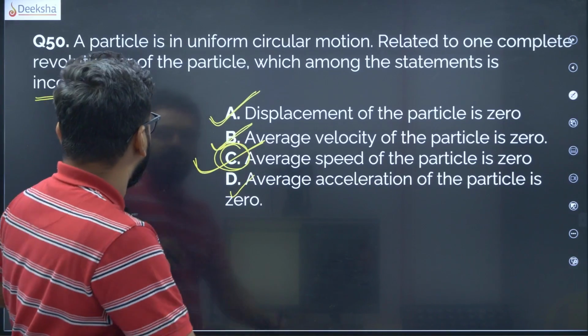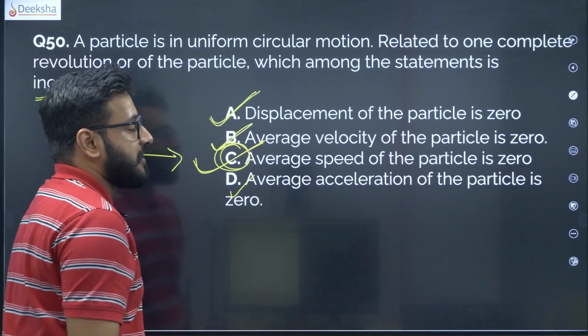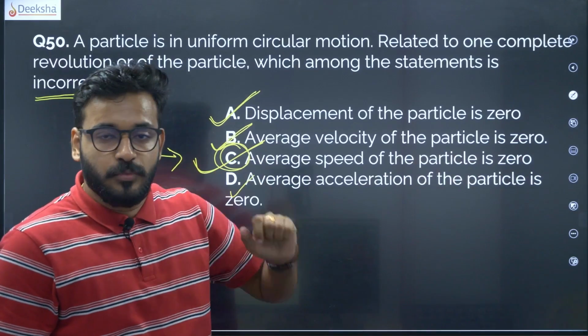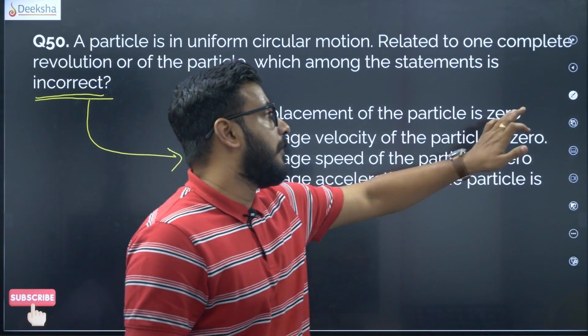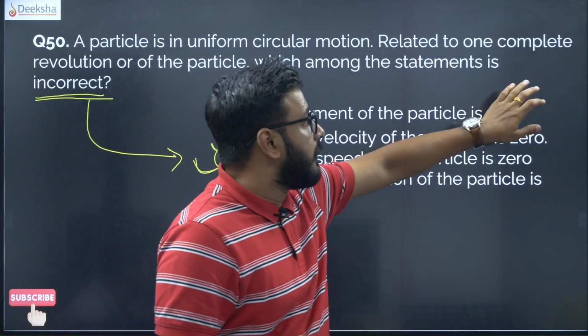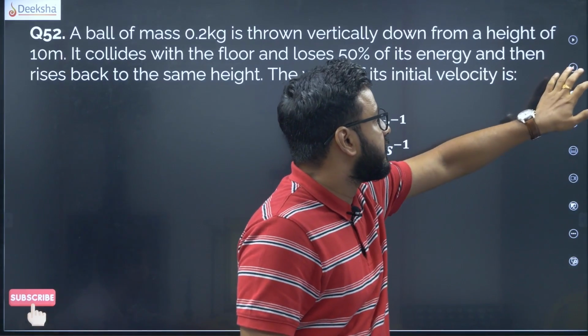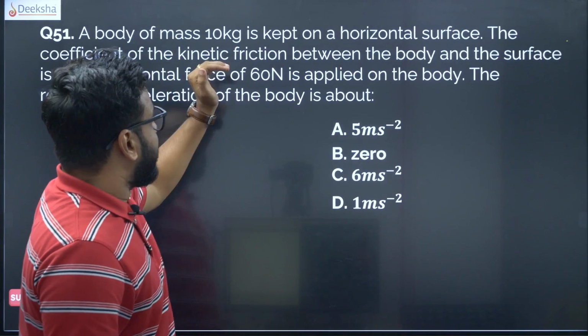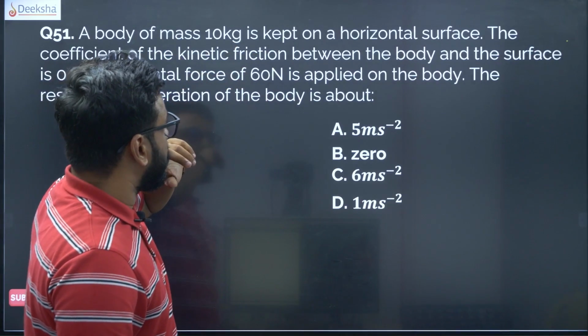The incorrect option over here is exactly option C, average speed of the particle is 0. No, that's not possible for circular motion when it completes one complete cycle. Very simple question. Now let us look at the next question. Hold on. Yes. A body of mass 10 kg is kept on a horizontal surface.